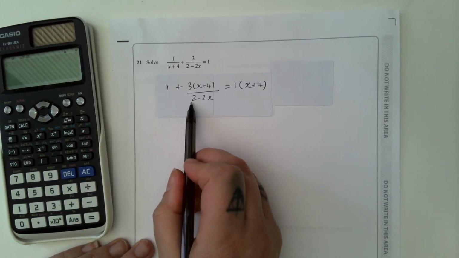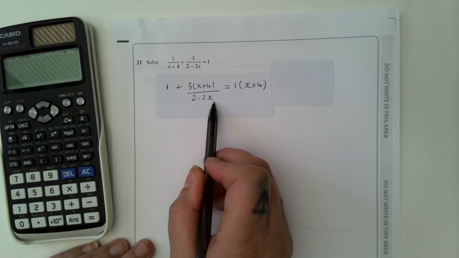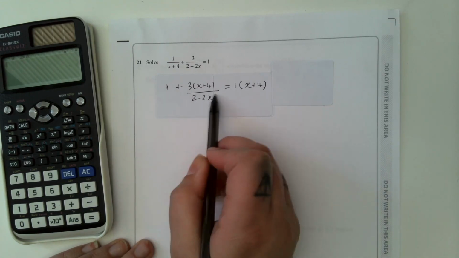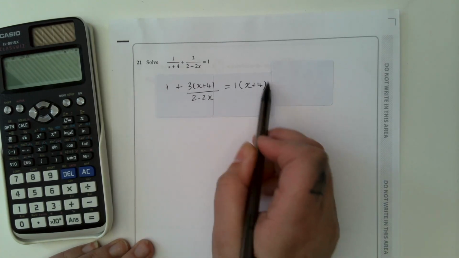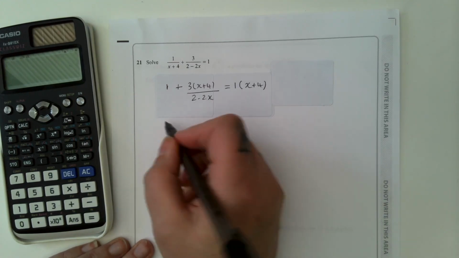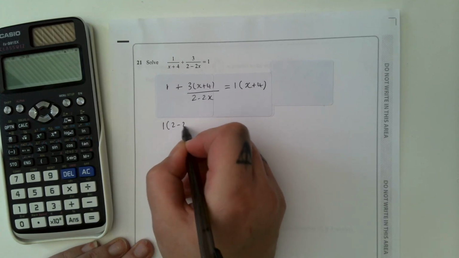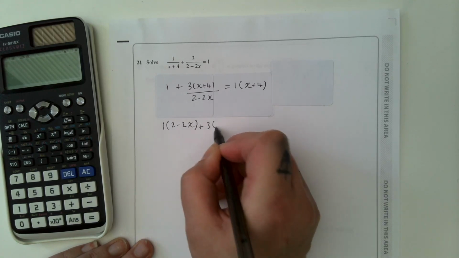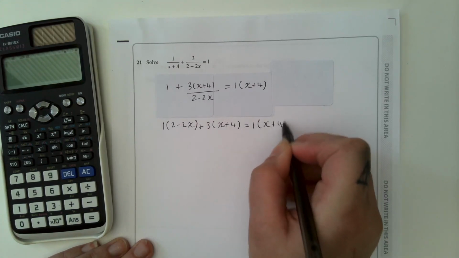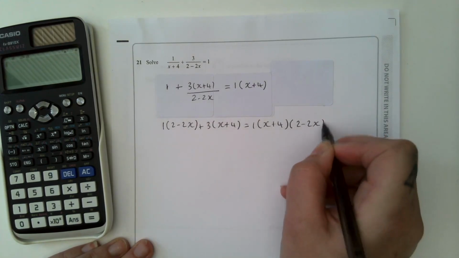And then when I multiply by 2 subtract 2x, I've got to multiply this term. It will cancel out the denominator here. And then I need to multiply on the right hand side. So multiplying by 2 subtract 2x gives me 1, 2 subtract 2x plus 3x plus 4 plus 1 times x plus 4 times 2 minus 2x.